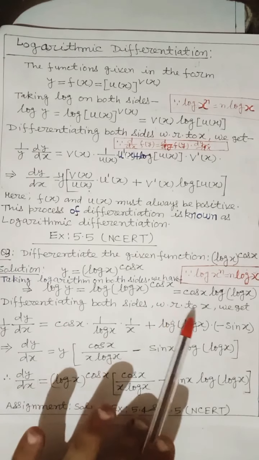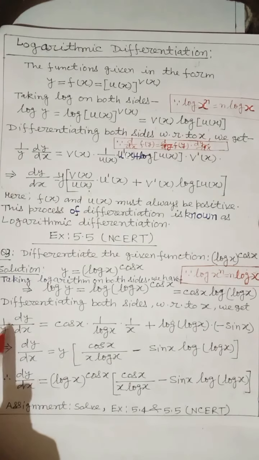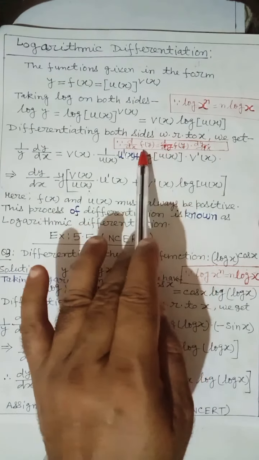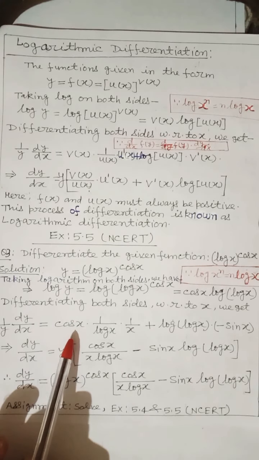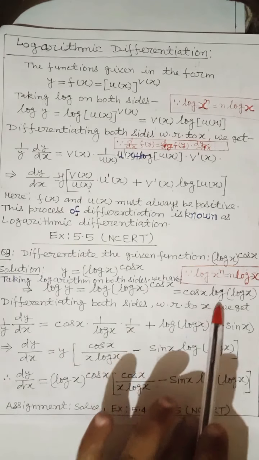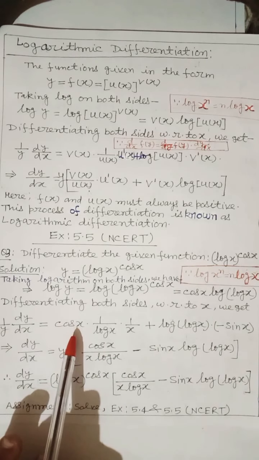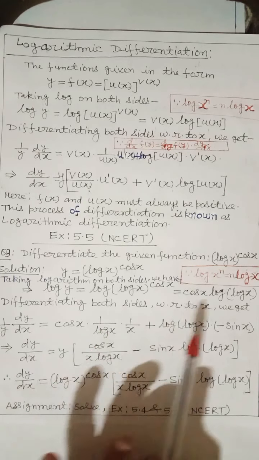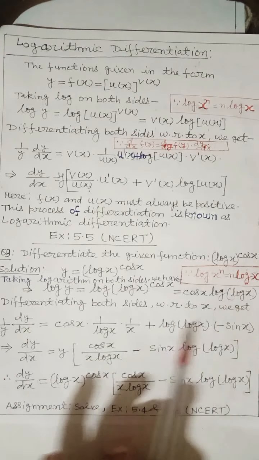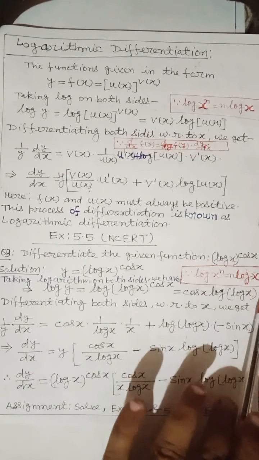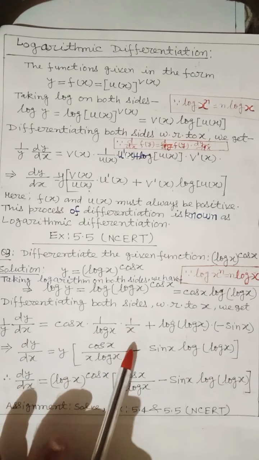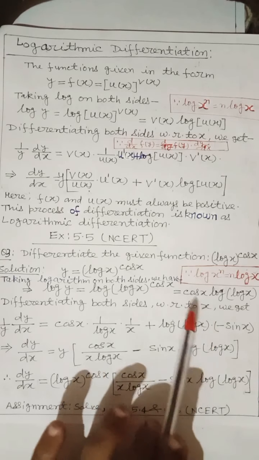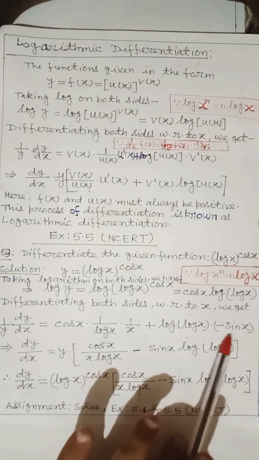Differentiating both sides with respect to x, we get 1 by y into dy by dx from this concept, equal to, here using product rule, first function into d by dx of second function, we get log x, again log x, we get 1 by x, plus second function log of log x into d by dx of cos x, we get minus sin x.